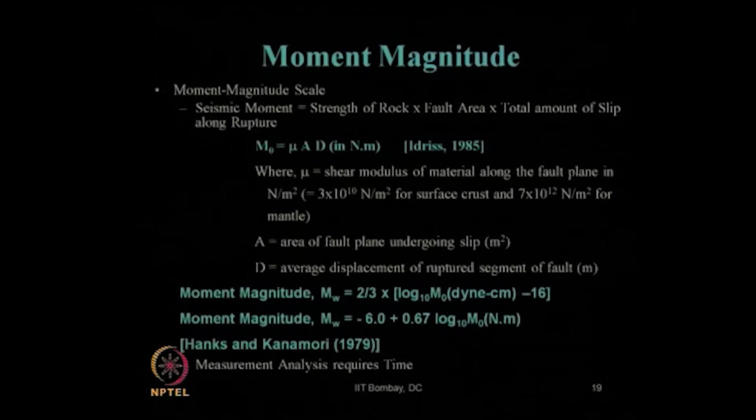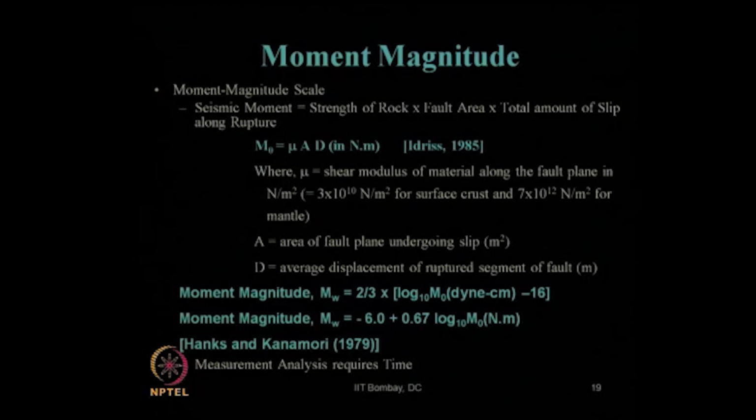Now, how is this moment magnitude estimated? As I have mentioned, the first step for moment magnitude scale is to calculate the seismic moment. We have to remember, as in engineering mechanics, we understand the concept of moment is nothing but the force multiplied with the lever arm, right, that gives us the moment. So, in the concept of seismology or geology, this concept of seismic moment is a little different.